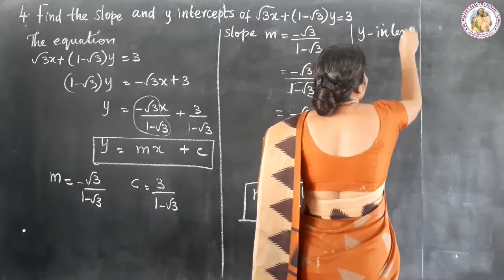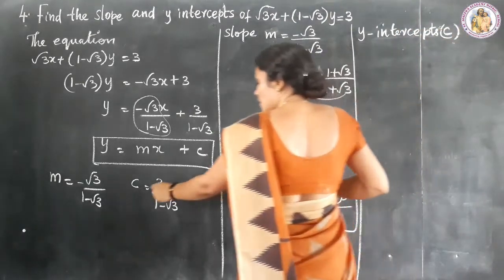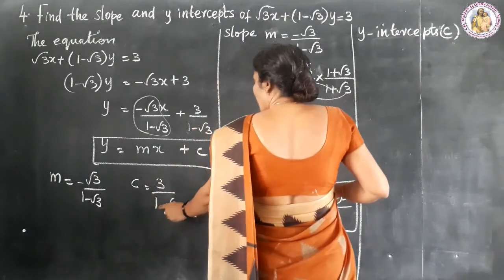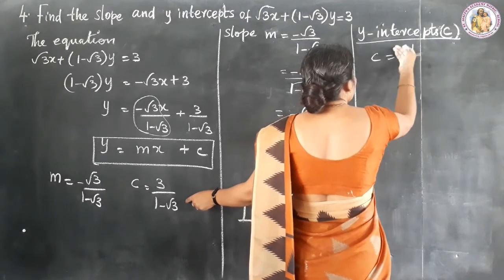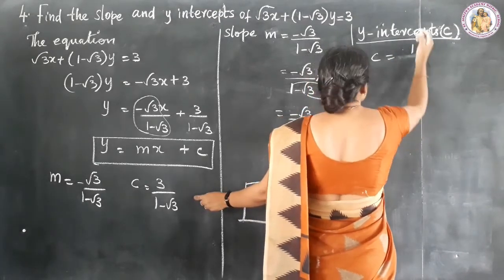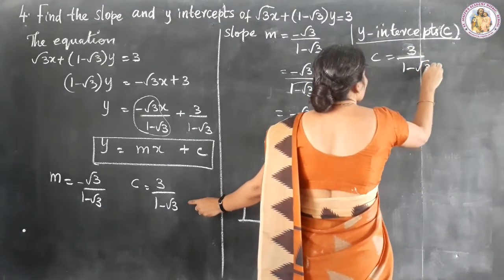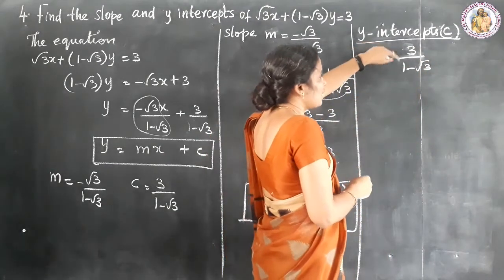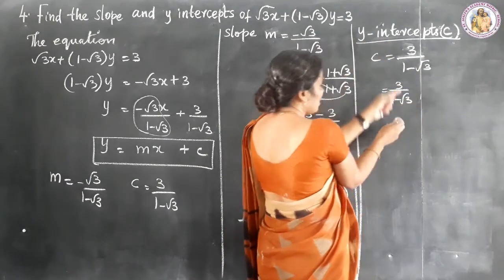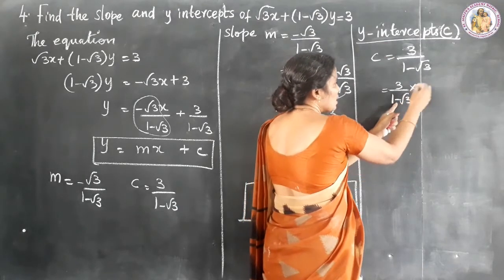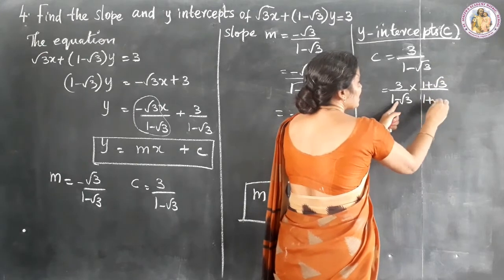Y-intercept c. So c is equal to 3 by 1 minus root 3. Here, the conjugate of 1 minus root 3 is 1 plus root 3, for both the numerator as well as the denominator.